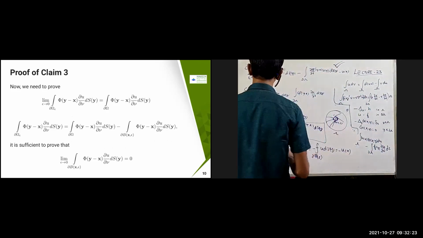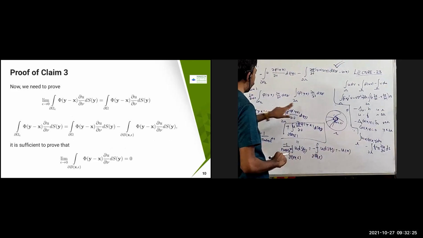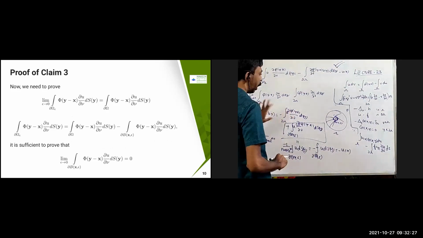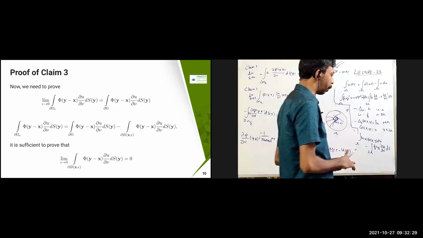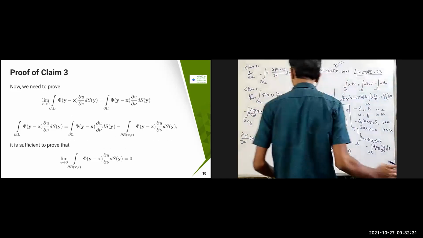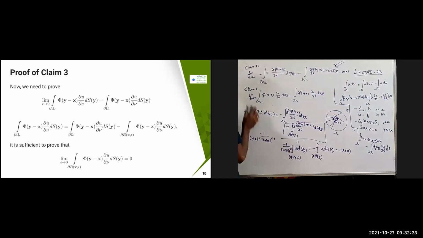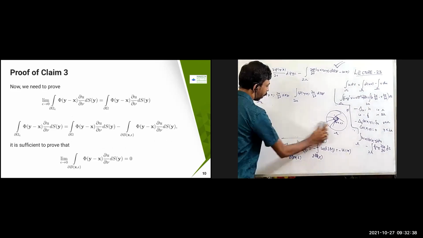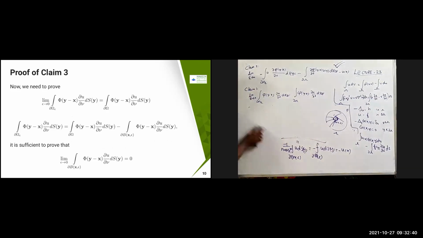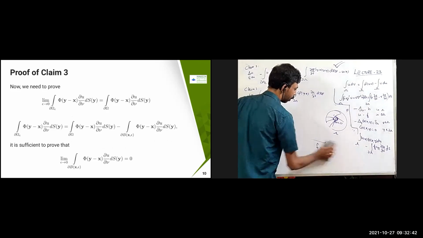So what we need to claim is, as epsilon tends to 0, ∂Ω_epsilon. Again we are going to use the same kind of logic here. ∂Ω_epsilon means again you have to split that into 2 parts: one is outside the ball B(x, epsilon), another is the other region.